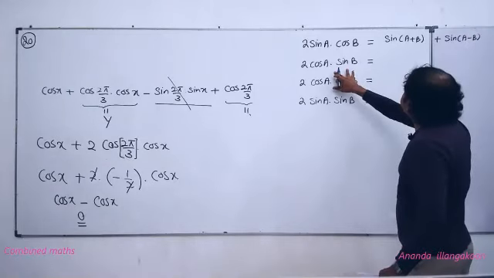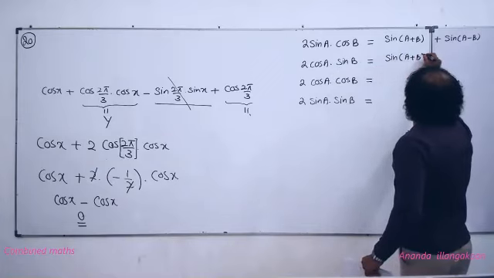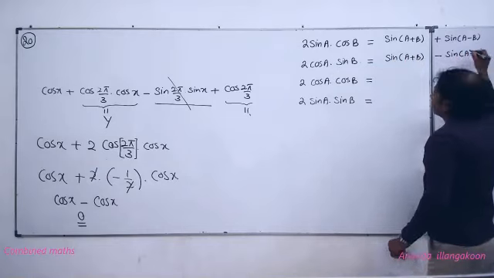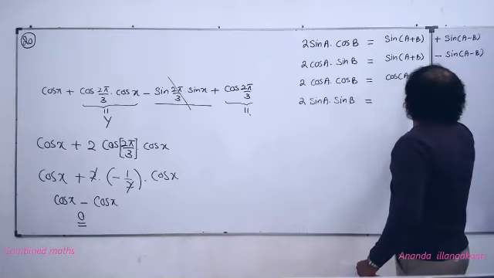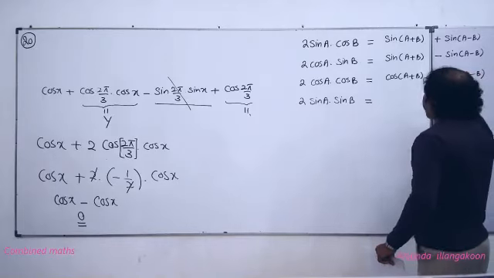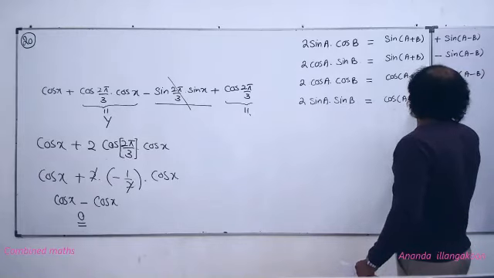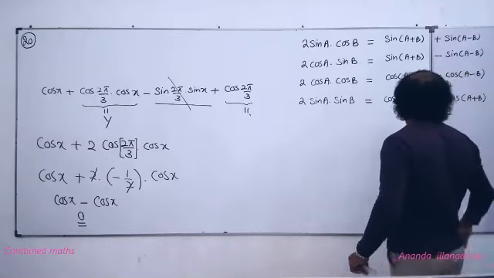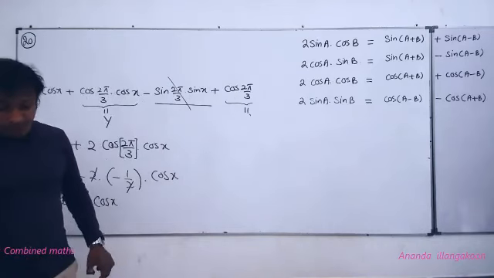For this one, sin(A + B) minus sin(A − B). 2 cos A cos B: cos(A + B) plus cos(A − B). 2 sin A sin B, people: cos(A − B) minus cos(A + B). Okay. These 4 product formulae, people, we have to use to take these answers.